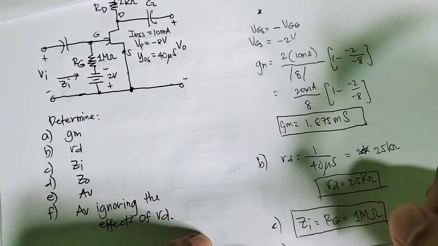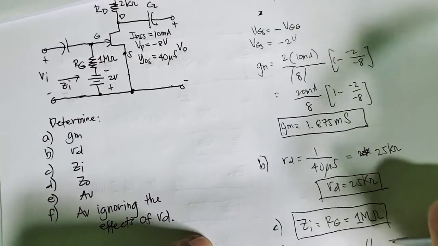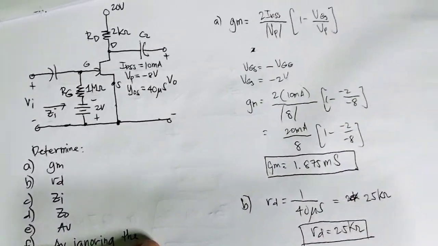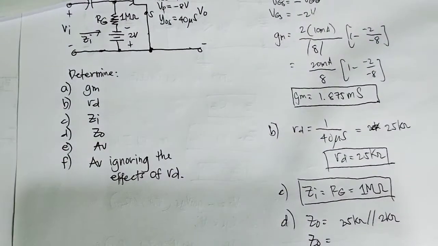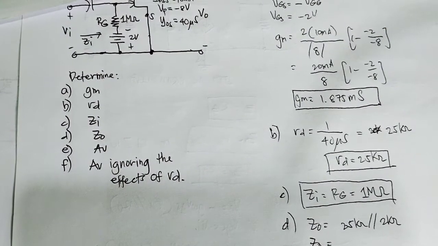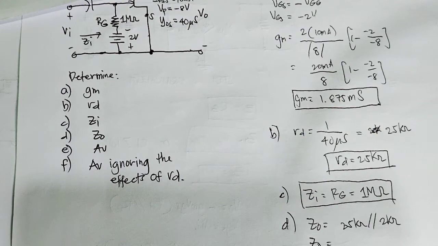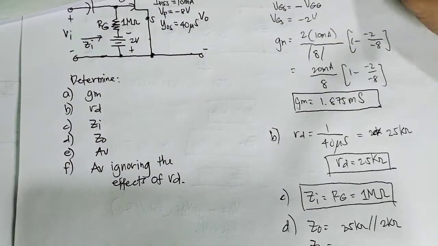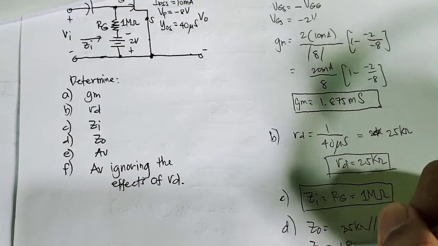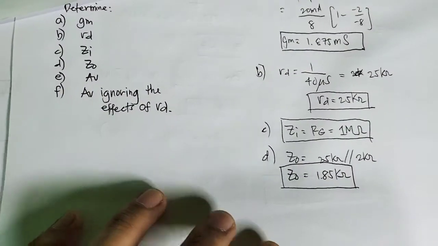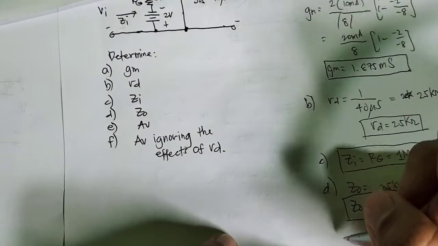So r_d is 25 kilo ohms parallel with 2K. So Z out is equal to 1.85 kilo ohms.